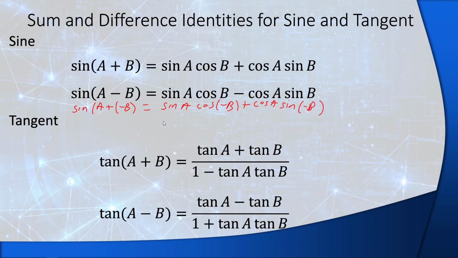Once again, since cosine is even, this is nothing more than sine a cosine of b. And here, since sine is odd, we have a negative cosine a sine of b. But let's go through a few examples and see how these things are used.